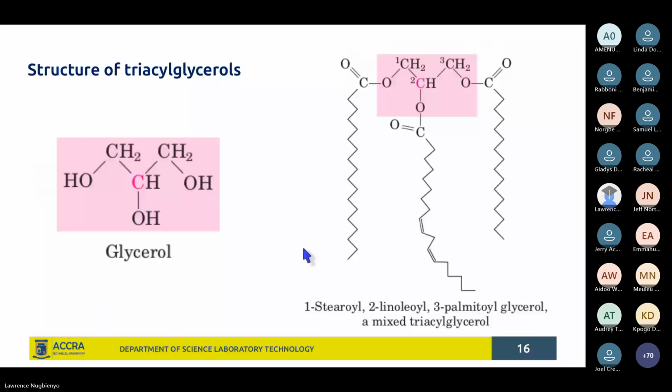Now, you do also remember that the storage form of fatty acids are the triacylglycerols. It's just like if you take carbohydrates, for instance, you have the storage form of these carbohydrates being starch in plants, where you have lots of these glucose molecules binding together.